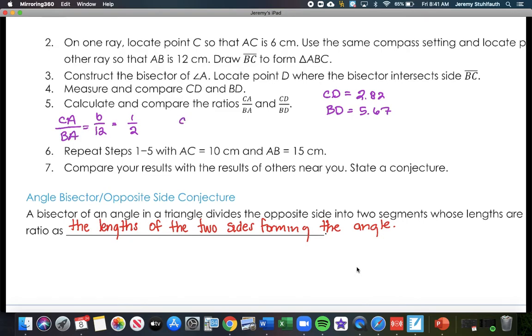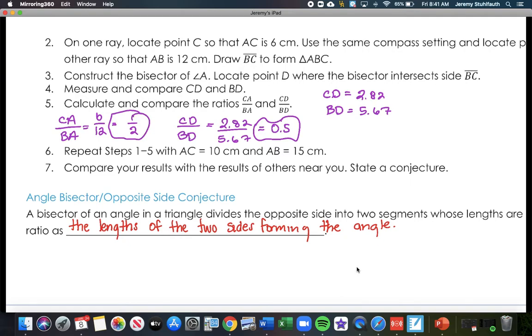And then if we look at CD over BD, that is equal to 2.82 over 5.67, which when we divide that, if we round, we get 0.5. So 0.5 is equal to 1/2.